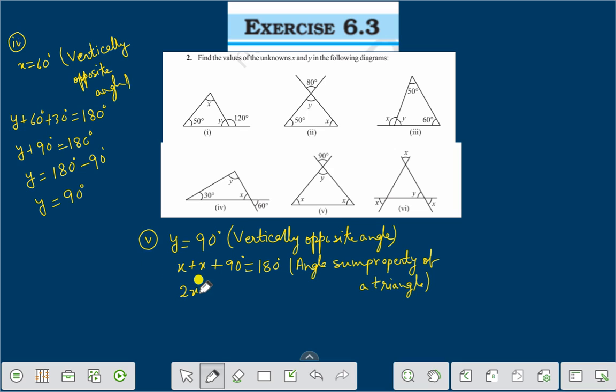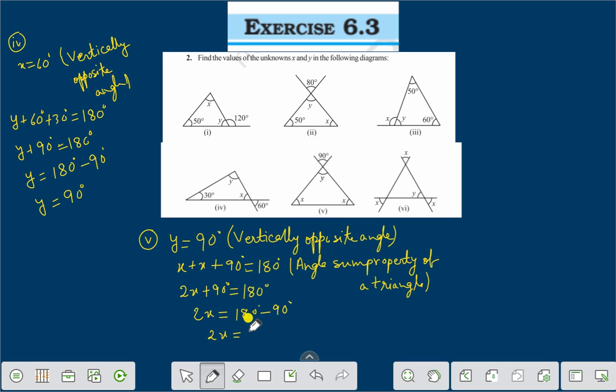Therefore, x plus x is 2x, plus 90 degrees is equal to 180 degrees, or 2x is equal to 180 degrees minus 90 degrees.